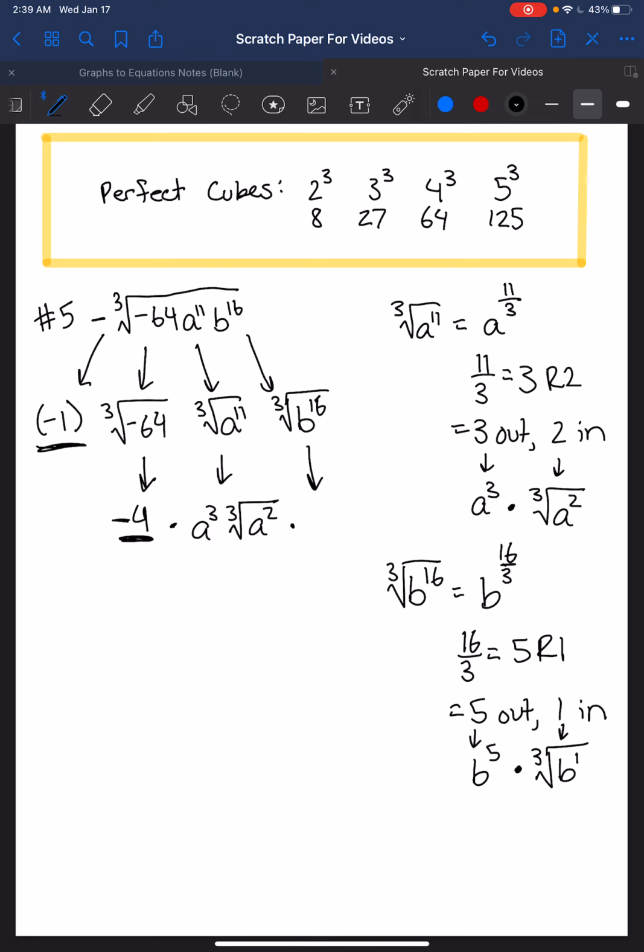And then I'll just write that over here. b to the 5th, smush it together, cube root of just b. Remember, b to the 1st is b.